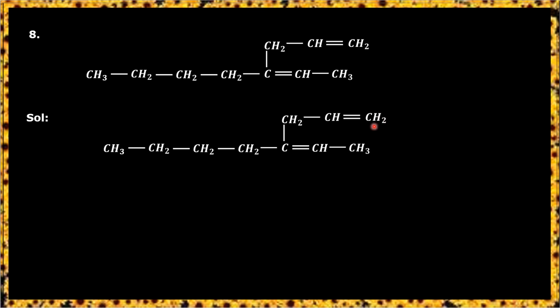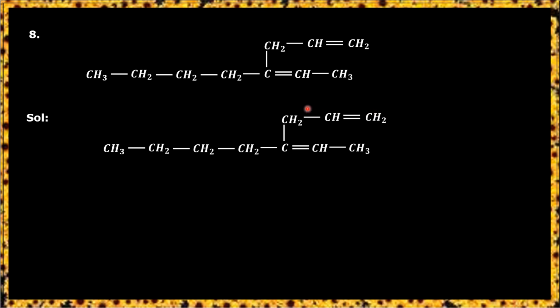Instead, if we select this as the longest chain of carbon atoms, then it includes 2 double bonds. So in the case of unsaturated hydrocarbons, we have to select the longest chain of carbon atoms in such a way that it includes the maximum number of double or triple bonds.